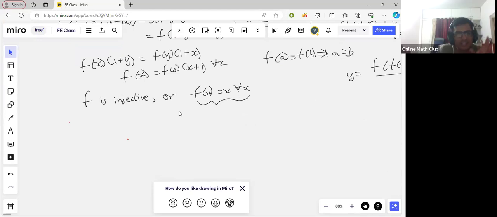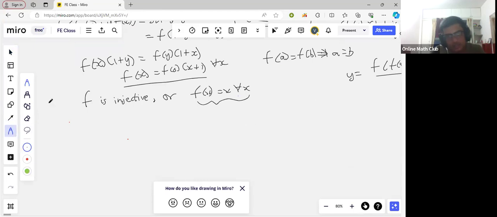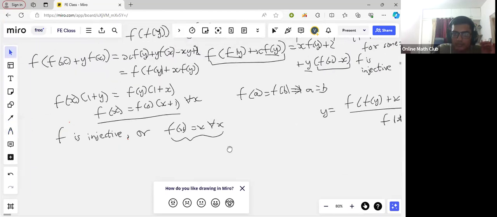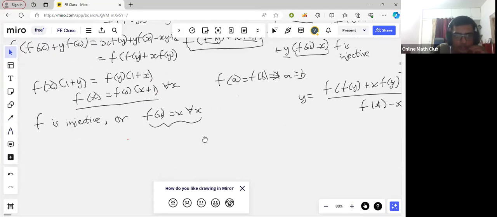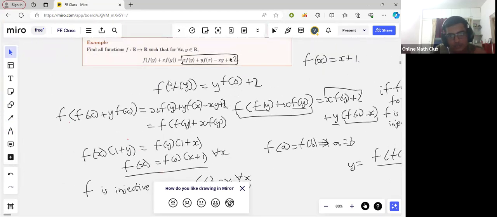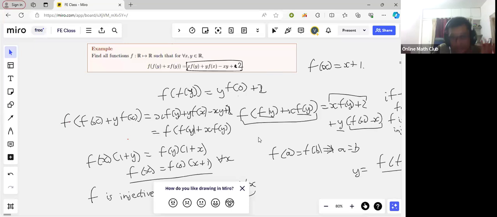I haven't done all the details yet, but when we substitute this back into the given equation, we can prove that f of 0 is 1. You can try that.